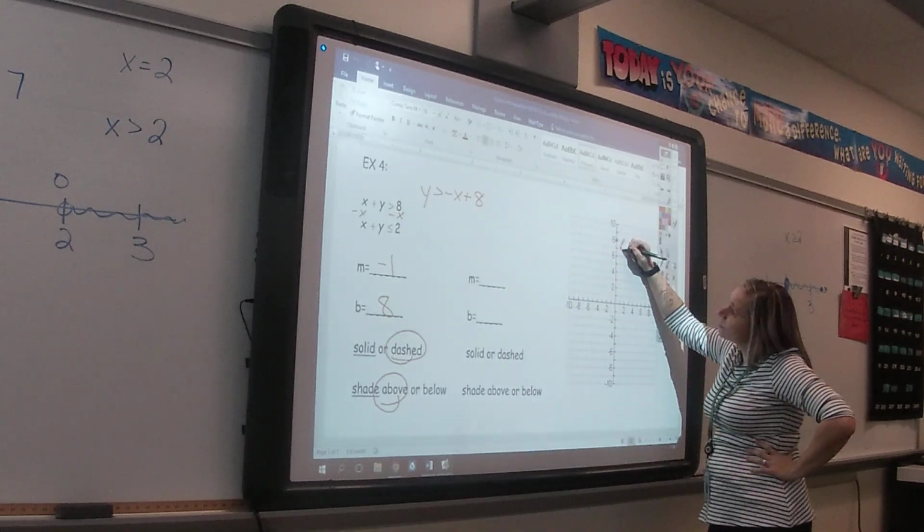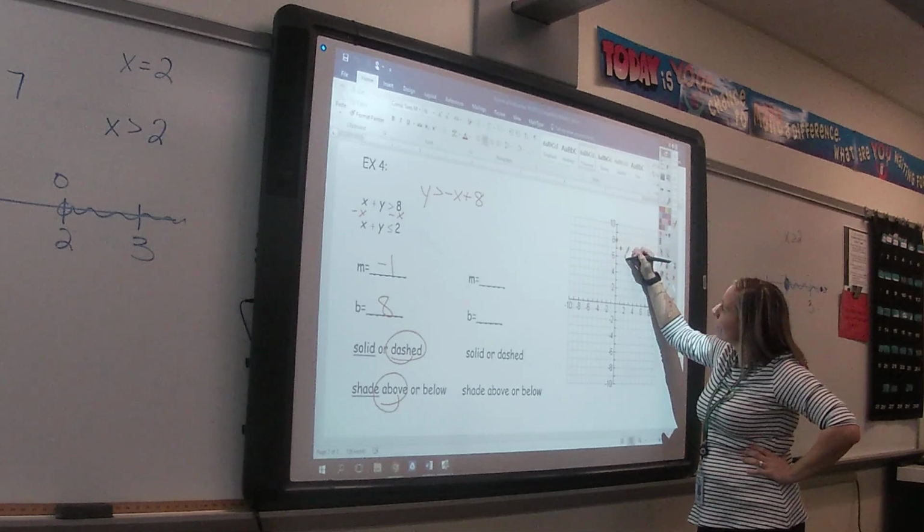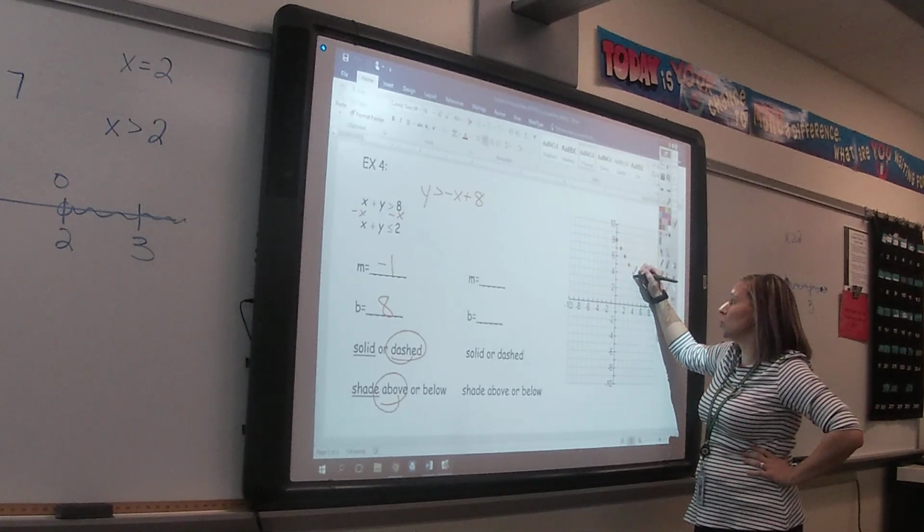How is it a negative one? Because I have to solve it for y. Yeah, you have to solve for y before those rules will work.